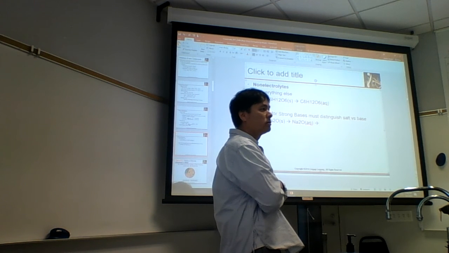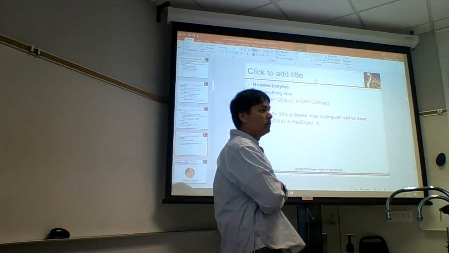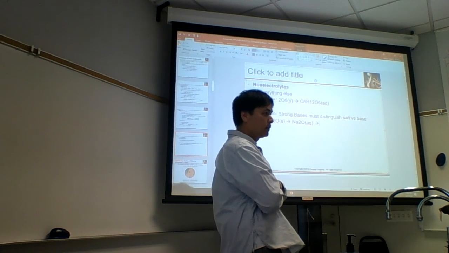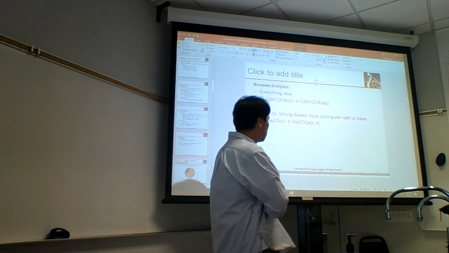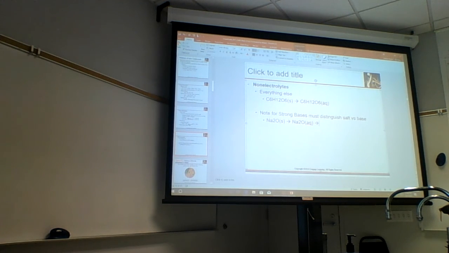What do soluble salts do? They dissociate or ionize completely. And so it's going to ionize into what? The first part is we're going to form sodium ions and oxide ions. How many sodium ions do we form? 2.